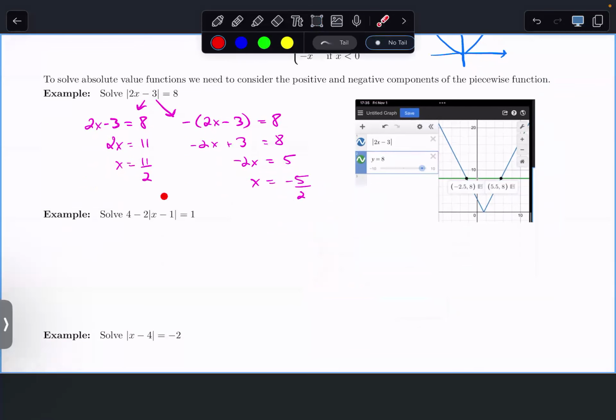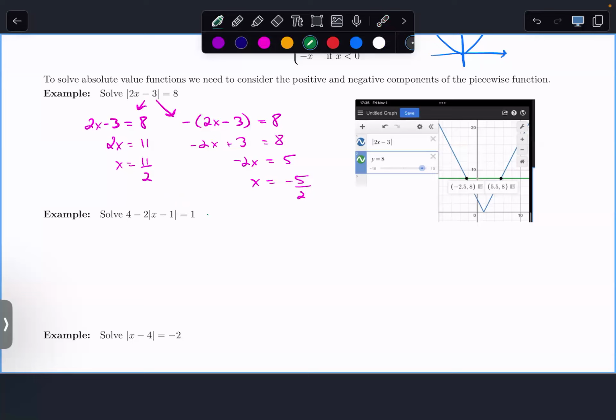So for absolute value functions, we're typically going to have two solutions. So that's kind of fun. What if we kick it up a notch? 4 minus 2 times the absolute value of x minus 1 is equal to 1. We only know how to deal with the absolute values. And so what you're going to do is isolate the absolute value function. So move everything else to the other side, and then we can deal with the absolute value.